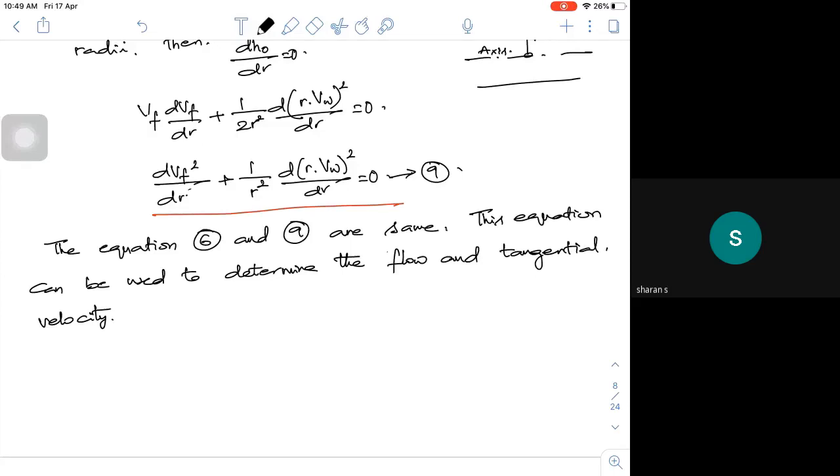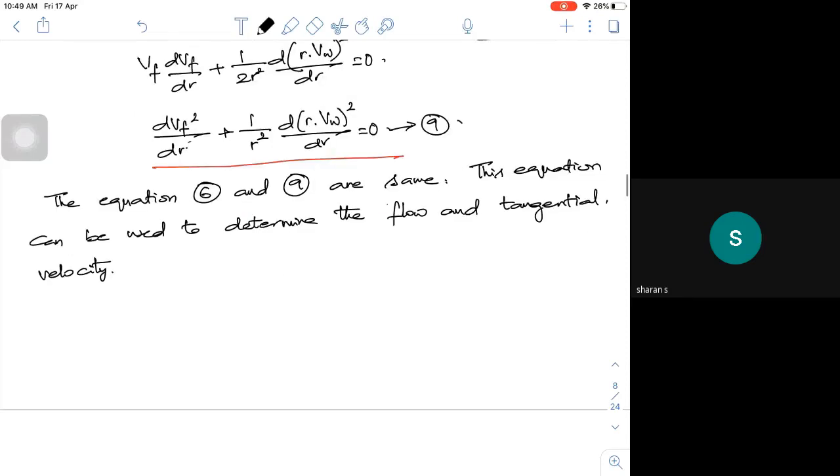There is one more case, case 3, which is very simple, which is free vortex flow. What is it actually? Free vortex flow means my V omega is equal to 0.